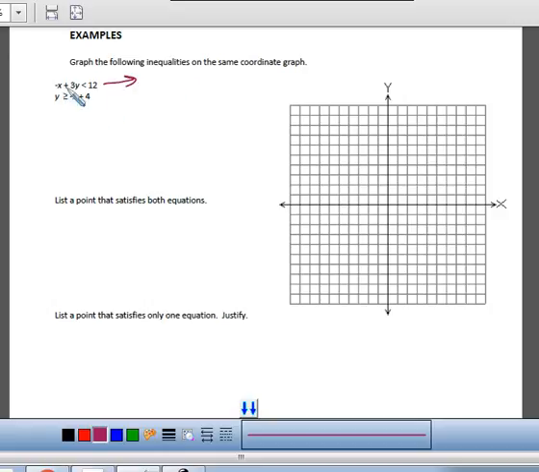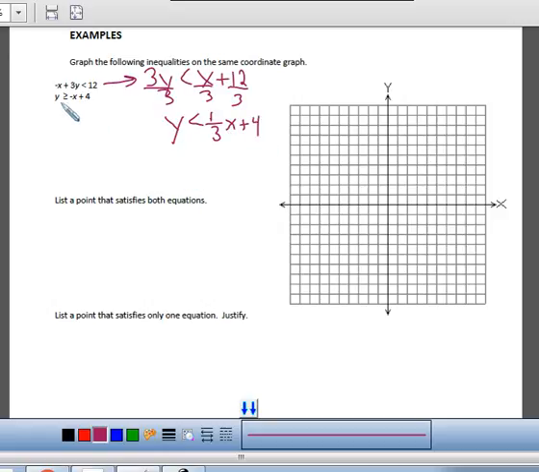So I see a negative x, so I'm going to add x to both sides, giving me 3y is less than x plus 12. And then one more step is to divide by 3 on both sides. And you get y is less than x over 3, or 1/3 x, there's your slope, plus 4.